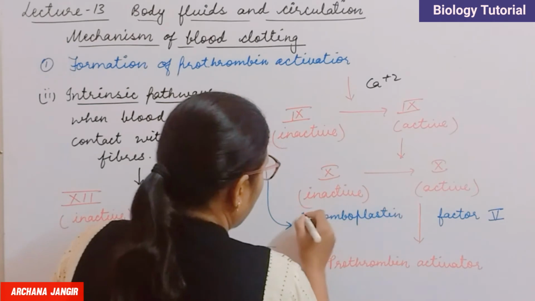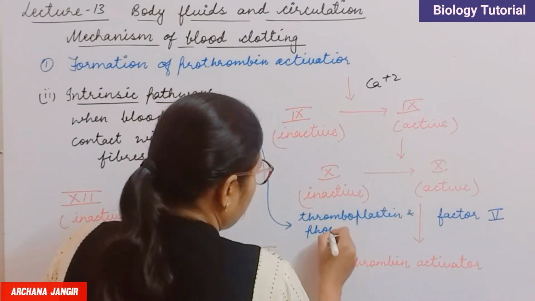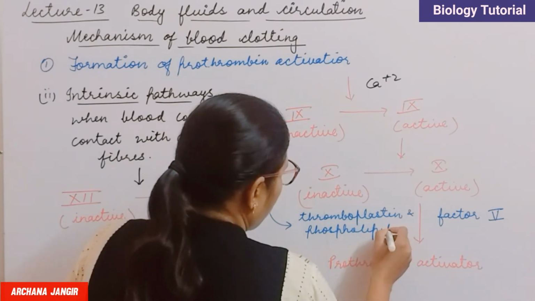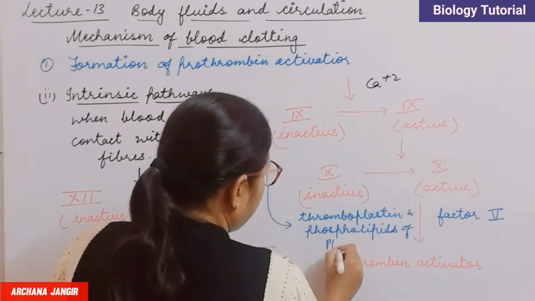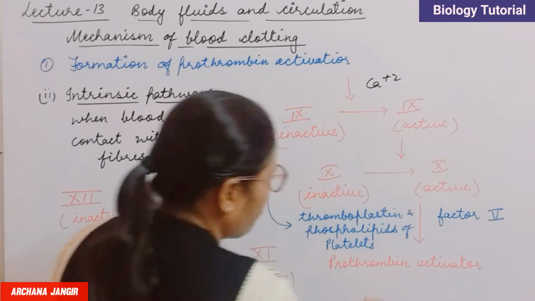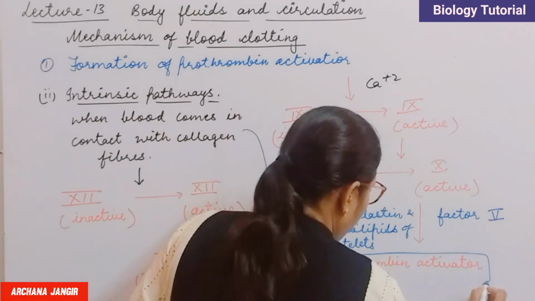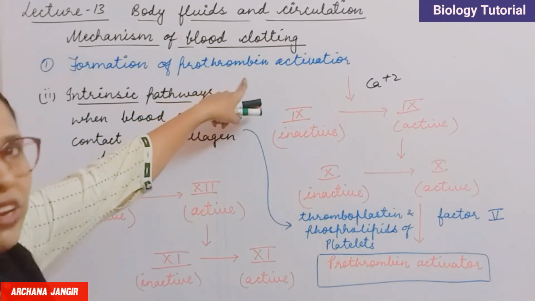This thromboplastin and phospholipids of platelets help in the formation of prothrombin activator, and this is the result of the reaction. We have to produce prothrombin activator.